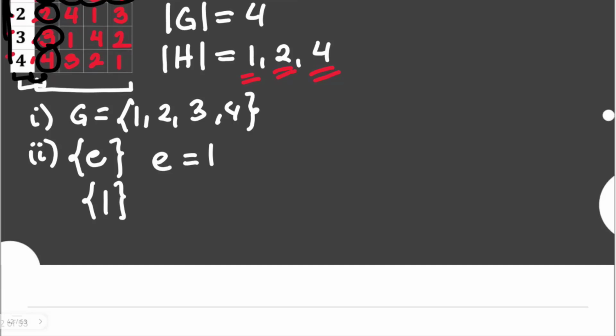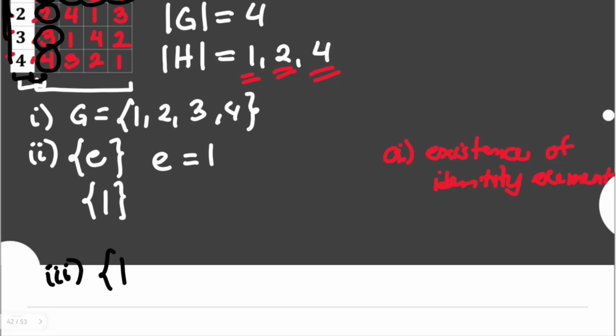We are going to use pairs of elements containing 1, because the next consideration in identifying a subgroup is that, since it's a group, there should be the existence of the identity element. And since our identity element is 1, 1 should always be one of the elements in our pairs.